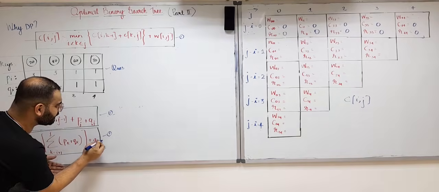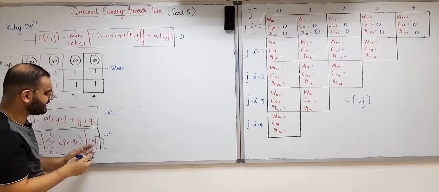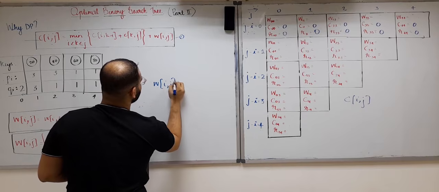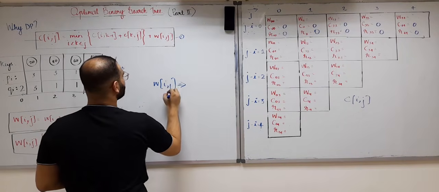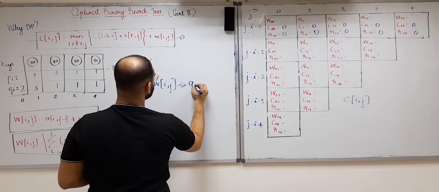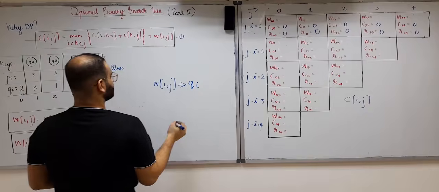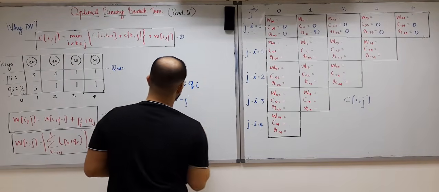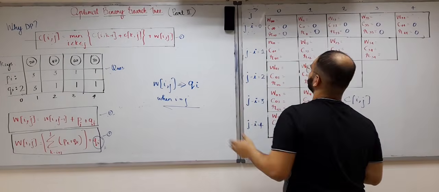There will only be one term left when we are considering a 0-node binary search tree. So basically W(i, j) is equal to Q(i) when i is equal to j. If you have understood this, well and good.